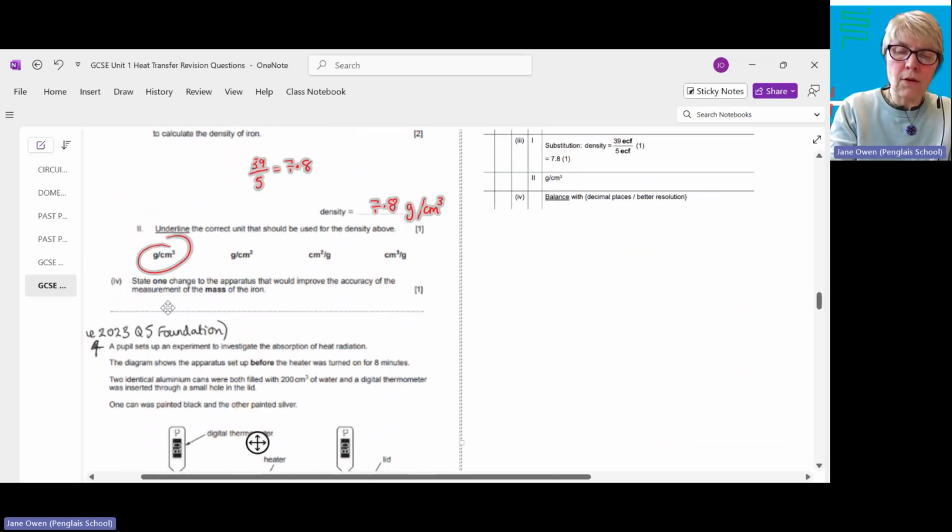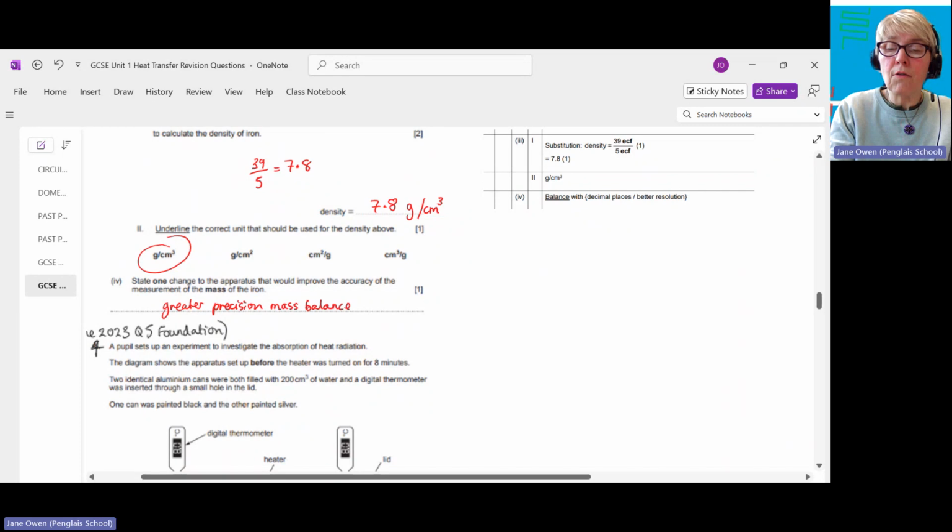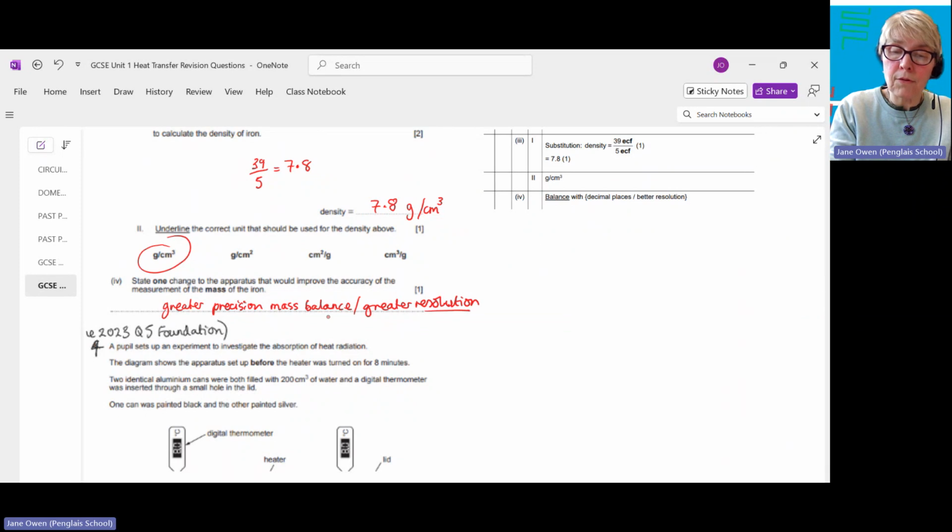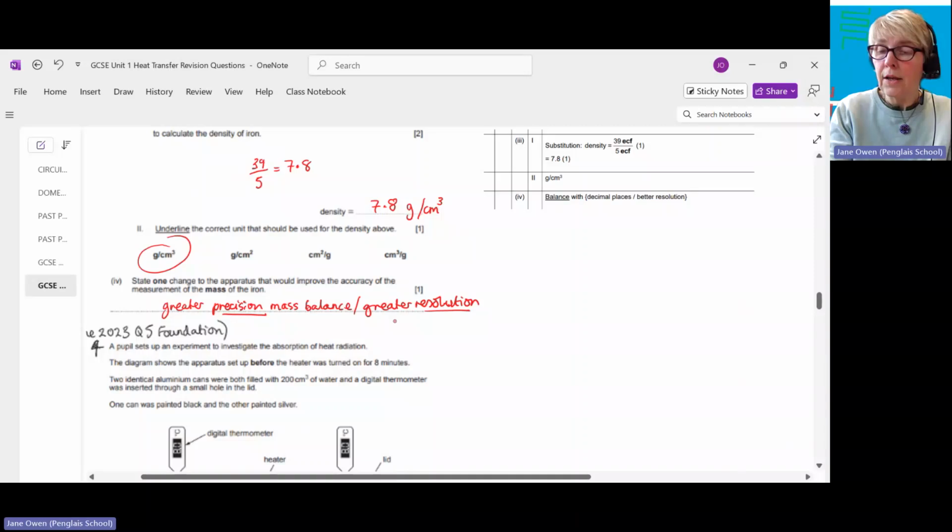So we could use a greater precision instrument, mass balance, or you can use the word greater resolution, or you can say, if you're not familiar with that language of resolution and precision, you could say to read to the nearest 0.1 of a gram.